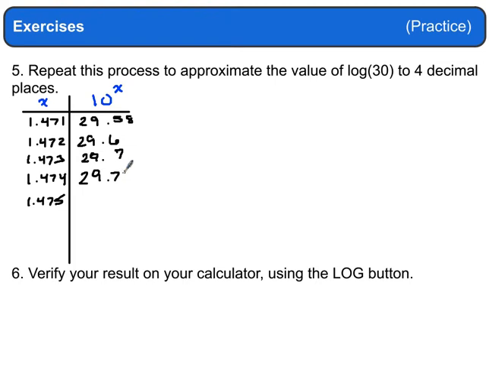It's really 7, 9. So you can see that we're actually increasing. These two are not the same. Then you get 29.85, 1.476. It's going to give us 29.9. You can see we're getting close now.